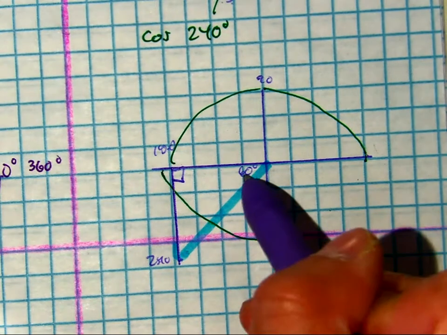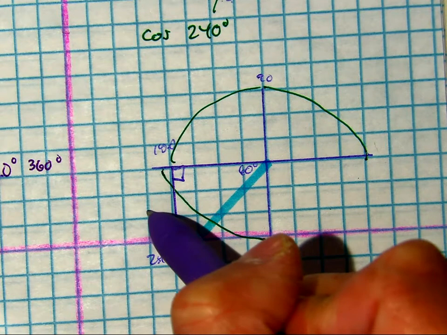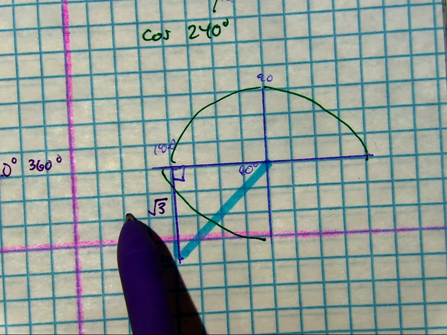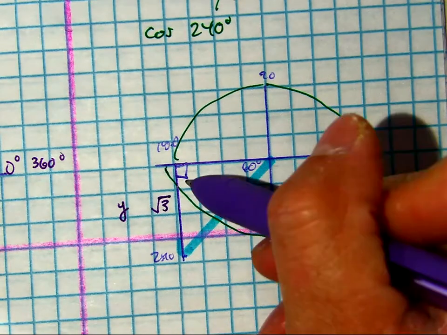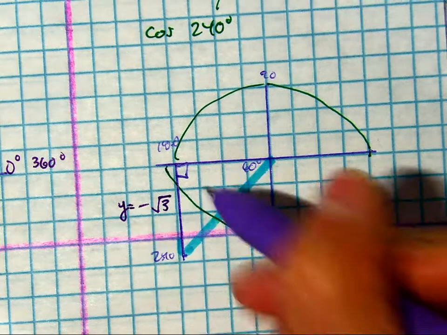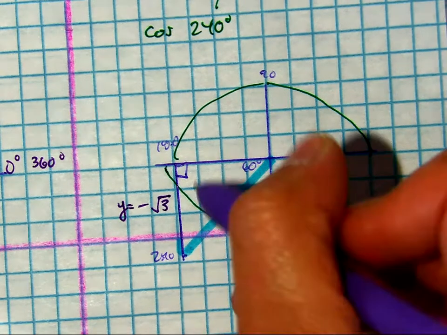Class, always across the 60 is what? Radical 3. X, Y, or R? It's the Y because it's going down. And is this going to be positive or negative? Negative. This is a 60, this is a 90, this one has to be a 30.